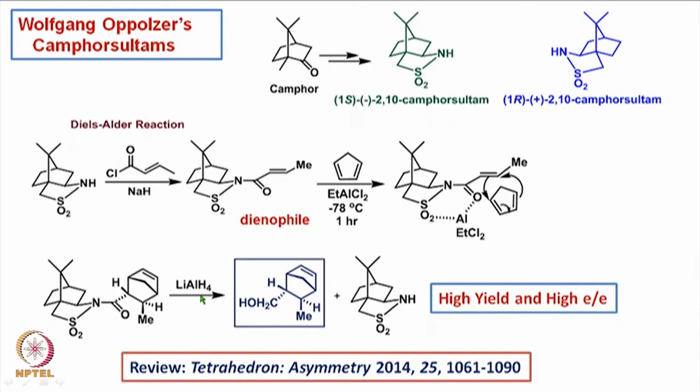But when lithium aluminum hydride mediated reduction is done, then this particular part gets cleaved and the corresponding alcohol is released, and of course we regenerate the chiral auxiliary. Now these reactions have been found to be in high yield and high enantioselectivity. A full account of the lot of work that has been done on camphorsultam based asymmetric synthesis has been reviewed recently in Tetrahedron Asymmetry.